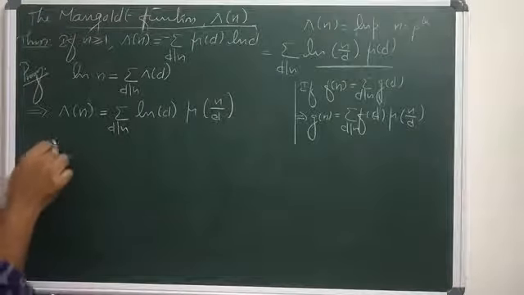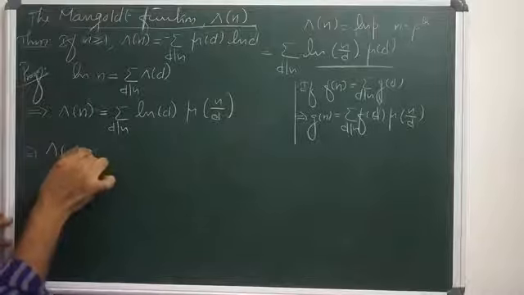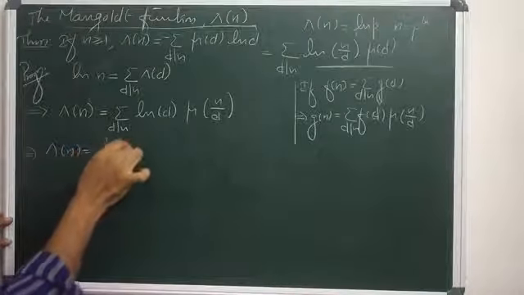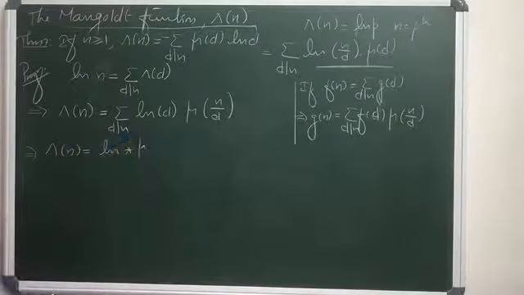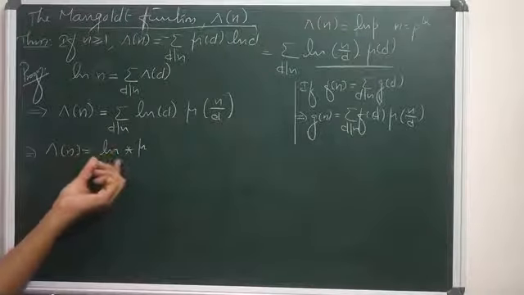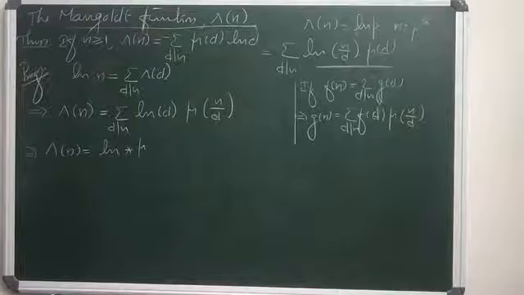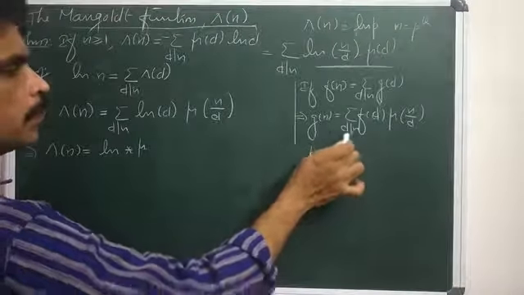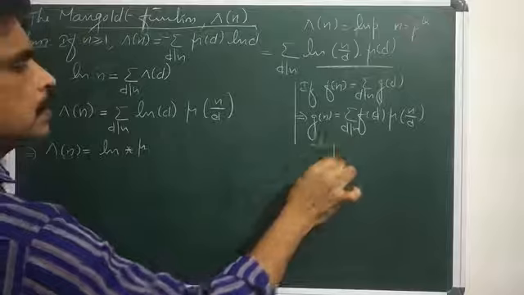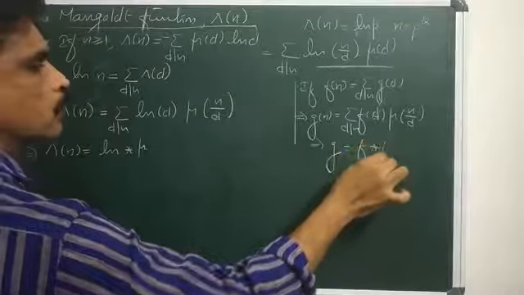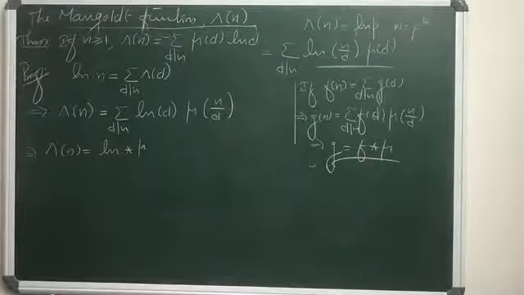That means Λ equals log * μ, where * is the Dirichlet convolution: (f*g)(n) equals Σ_{d|n} f(d) g(n/d).